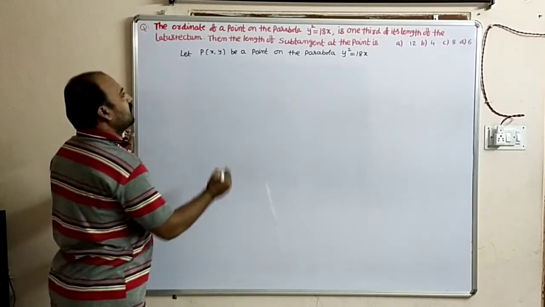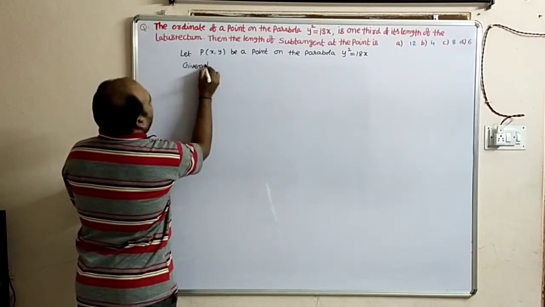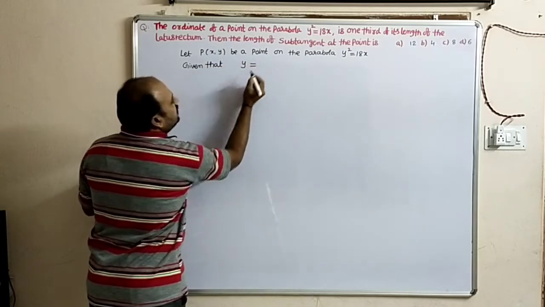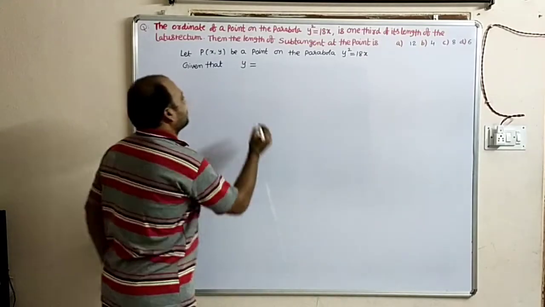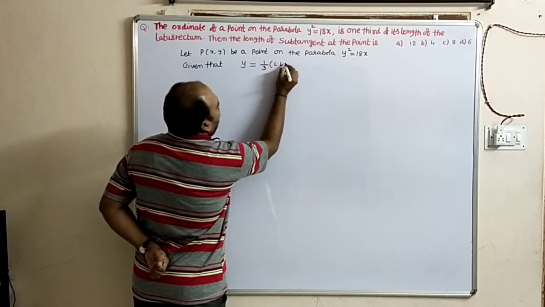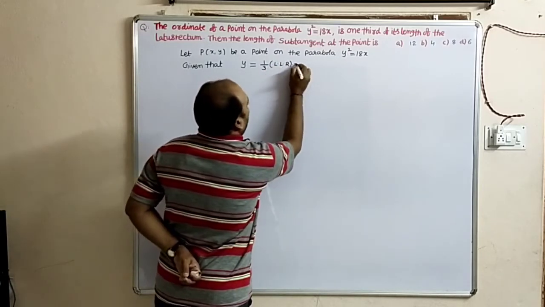According to the given information, the ordinate, which means y coordinate, is equal to 1/3 of its length of latus rectum, 1/3 of LLR. We know that the length of latus rectum equals 4a.